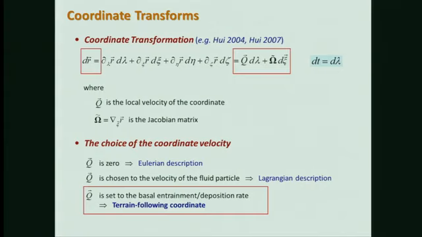And in our proposal, we choose Q equal to the erosion rate. In this way, our coordinate surface coincides with the basal surface and always deforms and moves. That's our intention.